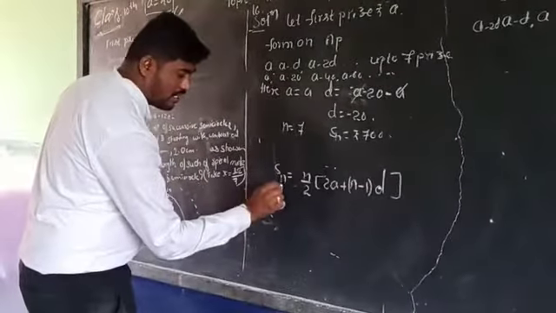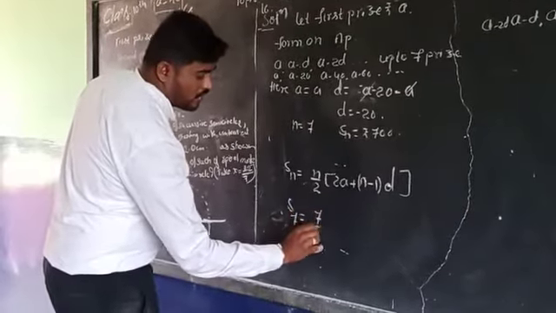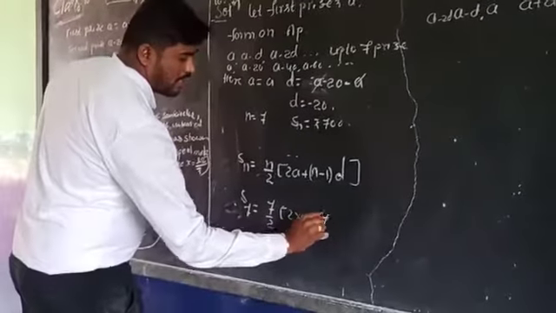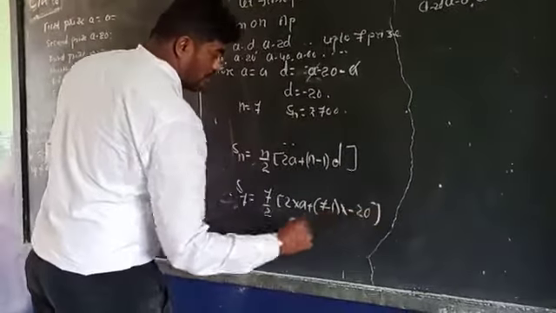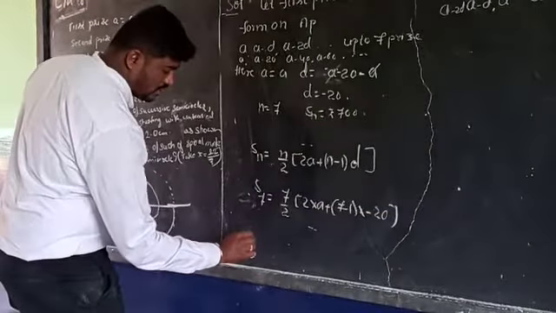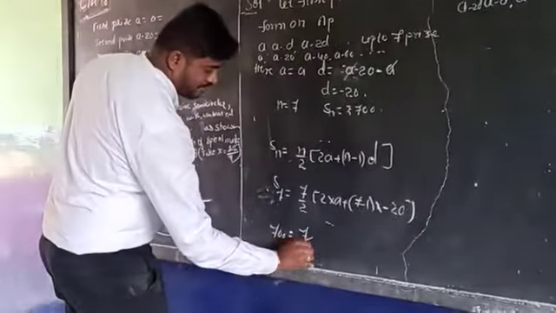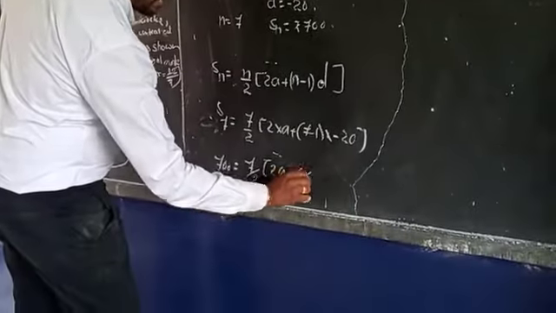The sum of the first 7 terms is 700. So 7 by 2 into 2a plus 7 minus 1 into minus 20. That is 7 by 2 into 2a plus 6 into minus 20.